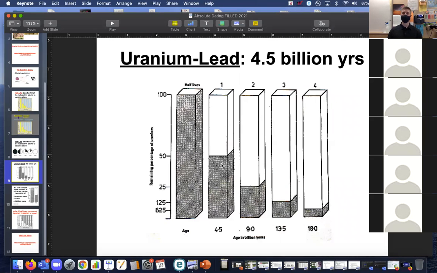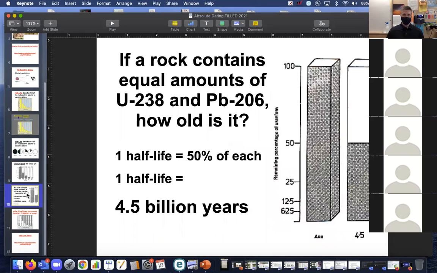So scientists can compare uranium to lead and look at the ratio and figure out how old it is. So with this one, if there's a rock sample that has equal amounts of uranium and lead, how old is it?